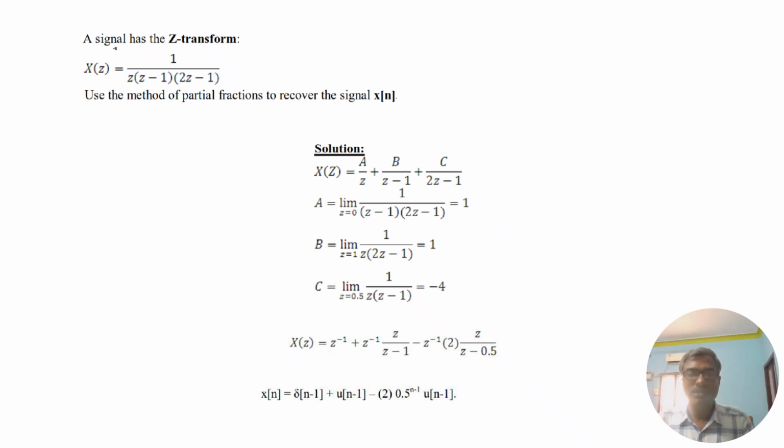Then the A value is obtained as 1, B value equal to plus 1 and C value equal to minus 4. Then substitute the A, B, C values and take the inverse Z transform. Then the final x[n] can be obtained as delta[n minus 1] plus u[n minus 1] minus 2 into 0.5 power n minus 1 into u[n minus 1].